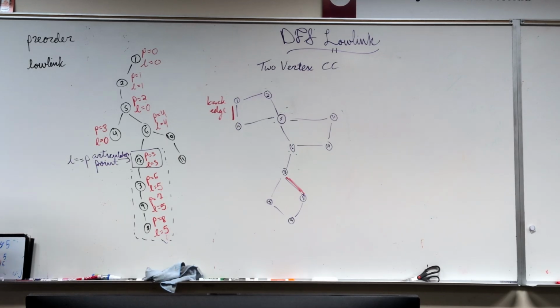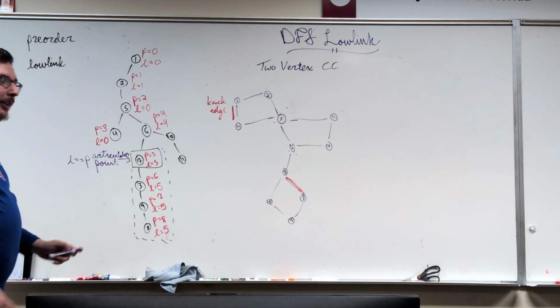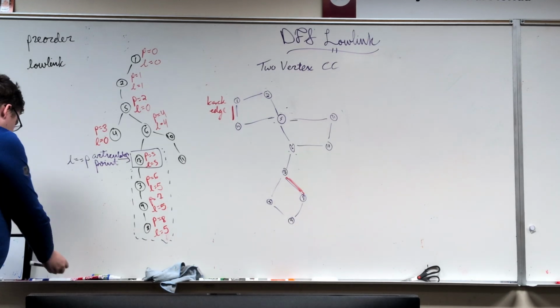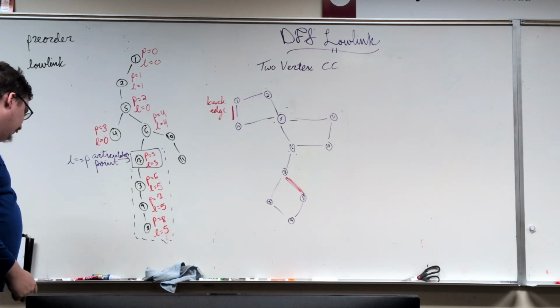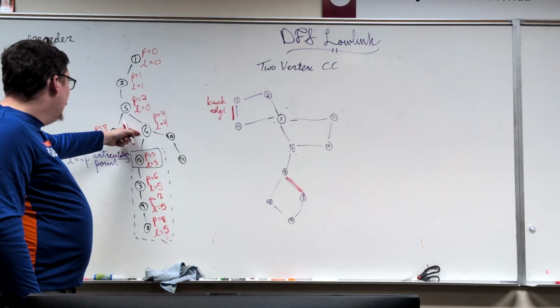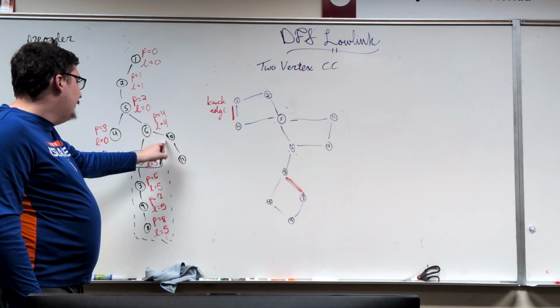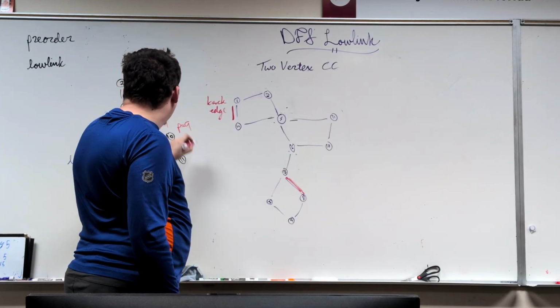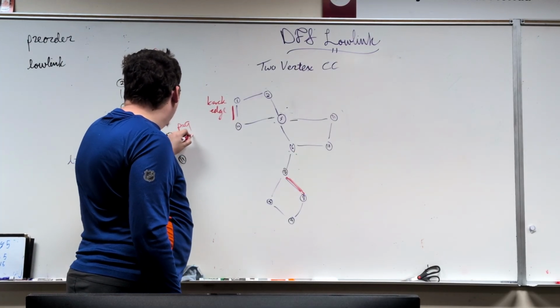Alright, so we'll continue DFSing. We're at 6. 6 is going to DFS now to 10. So its preorder is going to be 9 with a low link initially of 9.